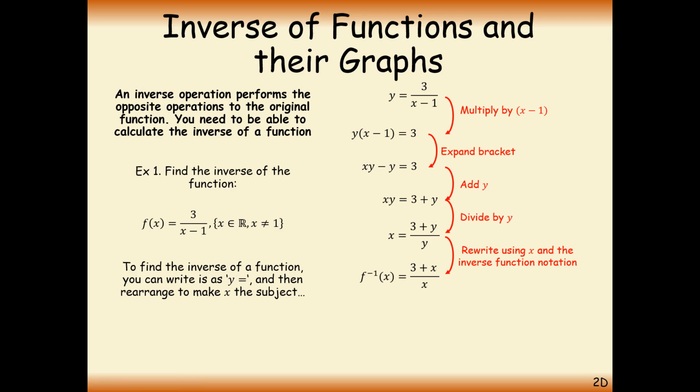At this stage, we could have made x the subject of the formula by writing x minus 1 equals 3 over y, and we could have added 1 to this fraction here, 3 over y plus 1. Then we would have written 1 as y over y, so that we would have this notation here.